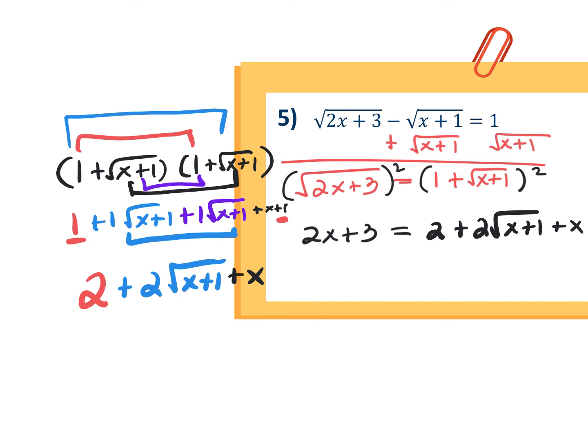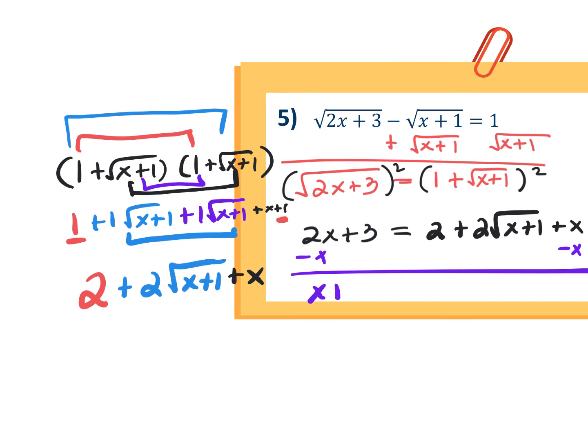So now I still got a radical in my problem. I got to isolate the square root of x plus 1. I got to move all of this to the other side. So let me work on doing that. Doesn't matter what order you move things. So I can go ahead and move the x first. So I could subtract x.